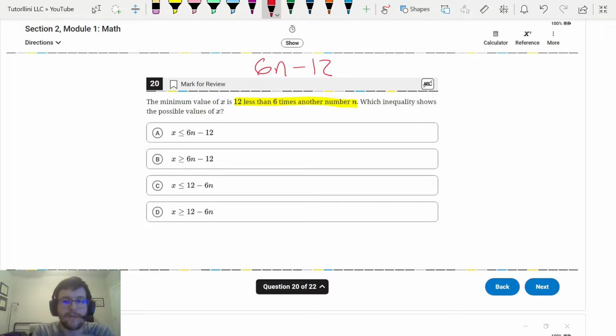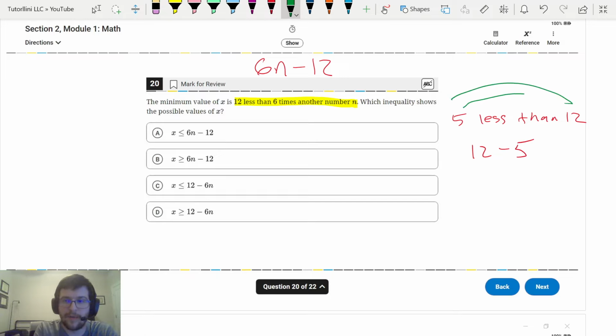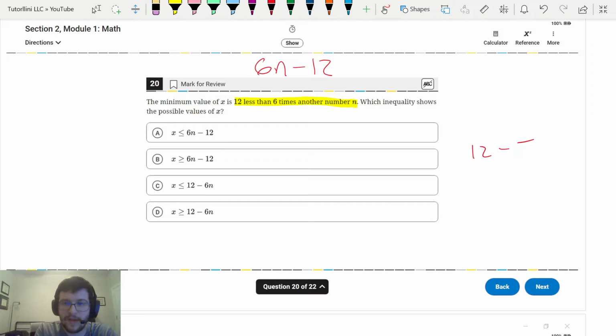For example, 5 less than 12, you can mentally go, oh, that's 7, but it's because you did 12 minus 5. See how we had to put this guy in front and this guy at the back. So don't let that phrasing confuse you. So this is 6n minus 12, and it says the minimum value of x is.